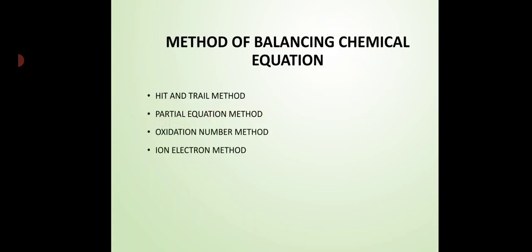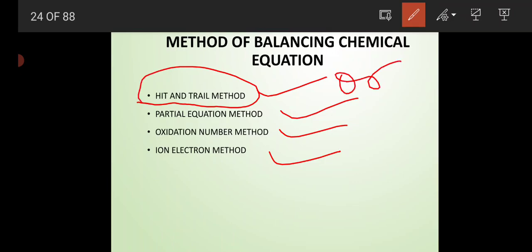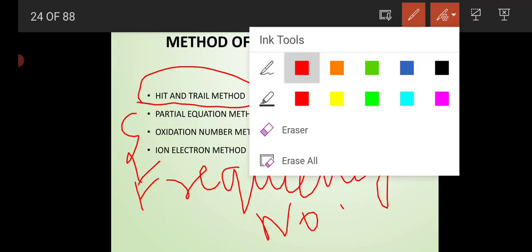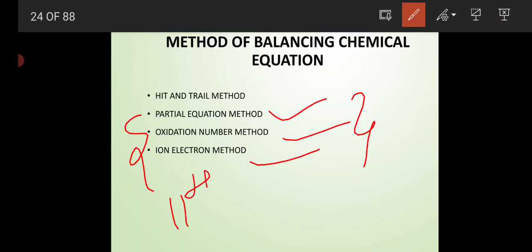The methods of balancing a chemical equation are the hit and trial method, partial equation method, oxidation number method and ion electron method, in which the hit and trial method is also called the frequency number method. The rest of the methods, the partial equation method, oxidation number method and ion electron method, are all part of your 11th class.